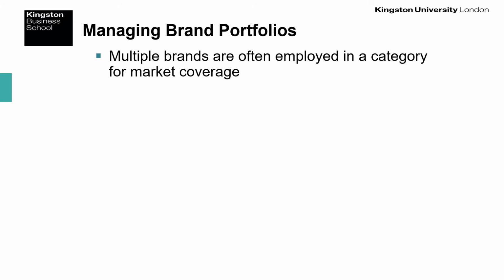So brand portfolios are very common in a whole range of different types of industry, in food and drinks products, in personal care products, and also in services. Multiple brands are very often employed within a single product category for market coverage.